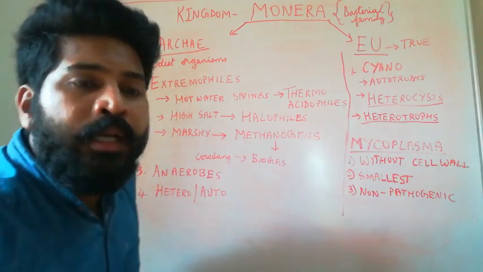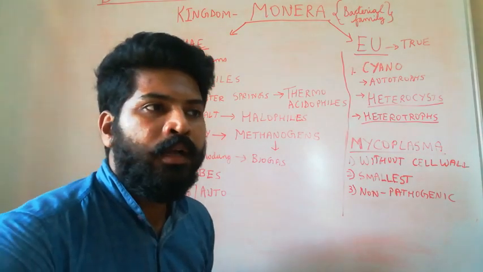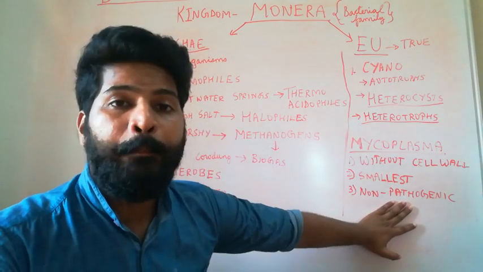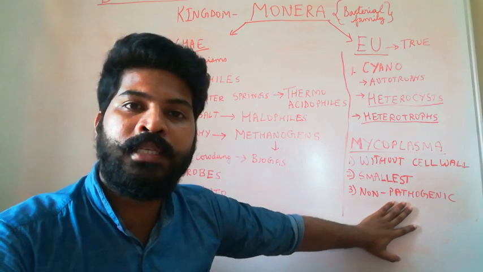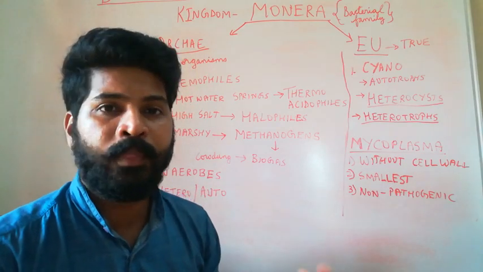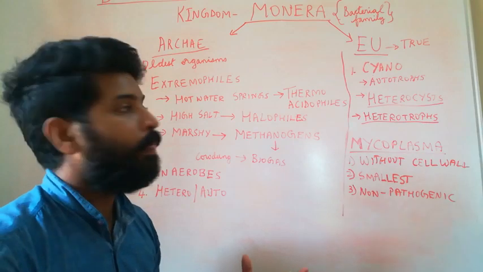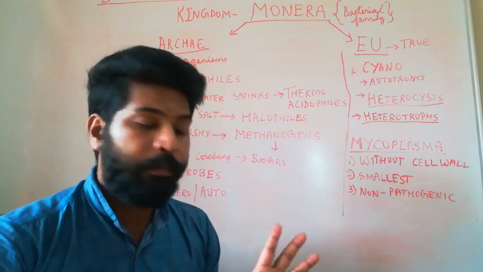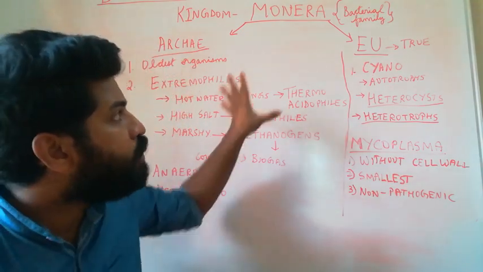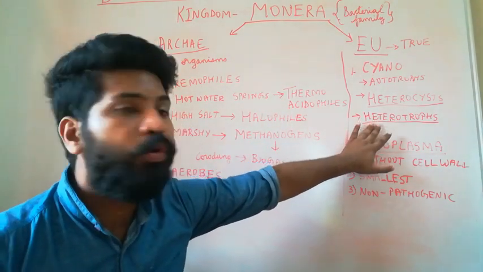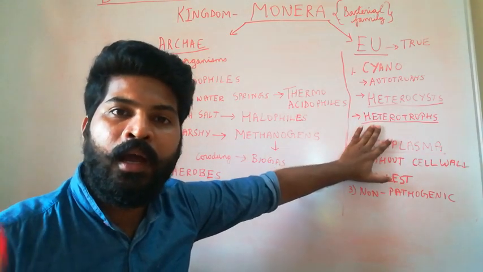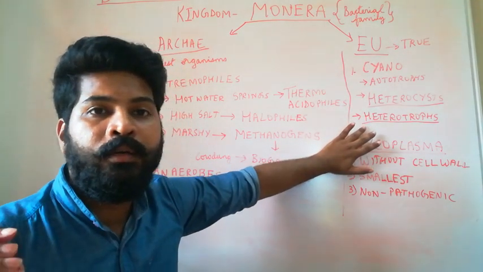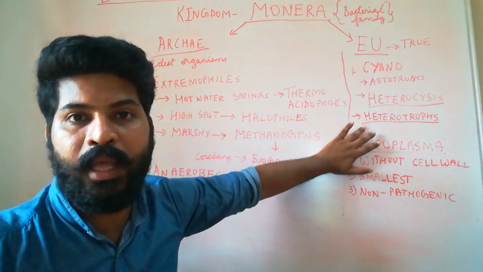Because bacteria are present everywhere, the bacteria could be useful, they could be harmful. For example, certain pathogenic bacteria are known to cause diseases in both plants as well as animals. So these are the pathogenic bacteria. Other than that, bacteria have several uses. Number one, because most bacteria are heterotrophs, meaning they are dependent on other organisms, bacteria are one of the best decomposers in the environment.